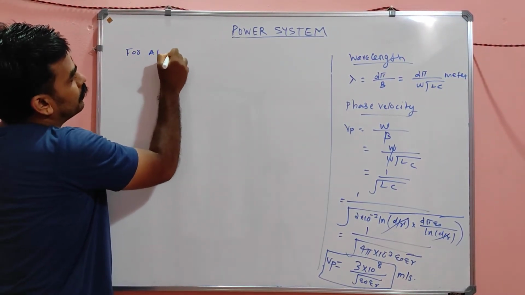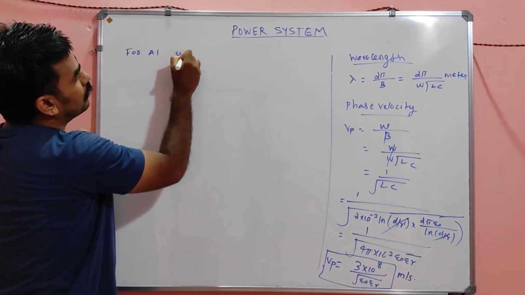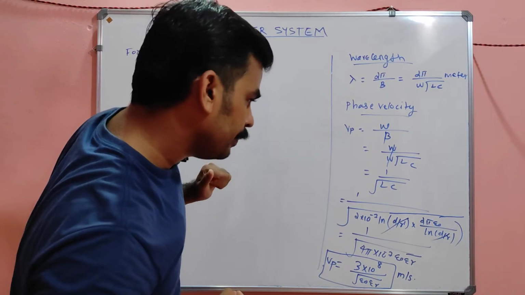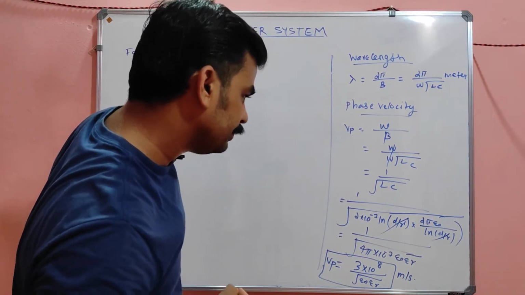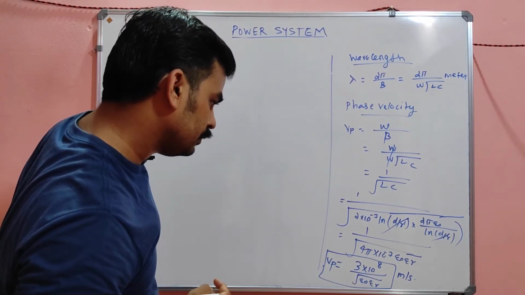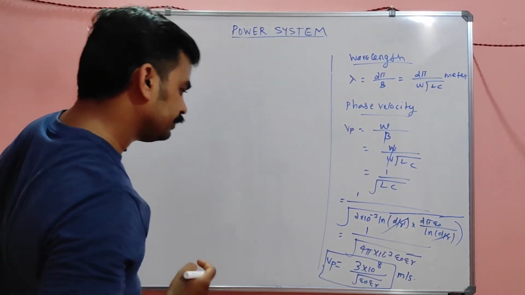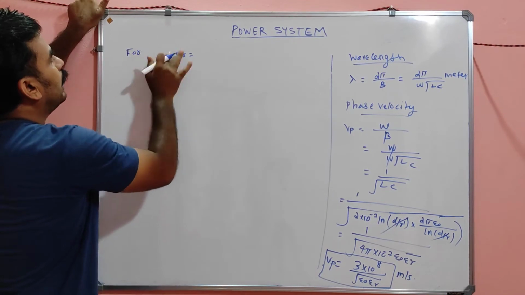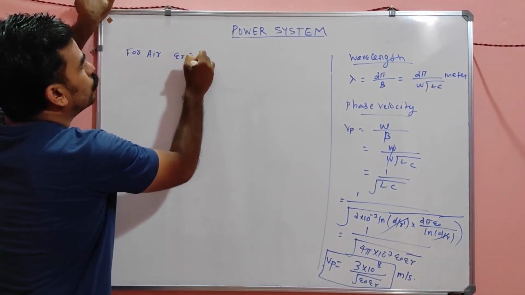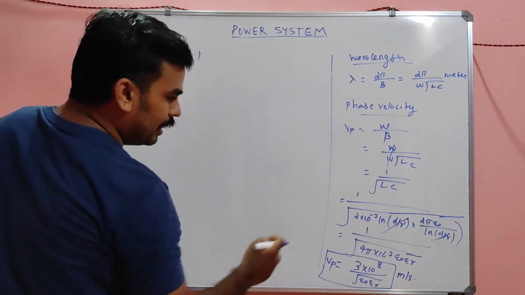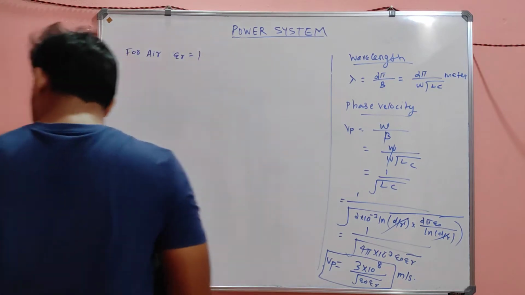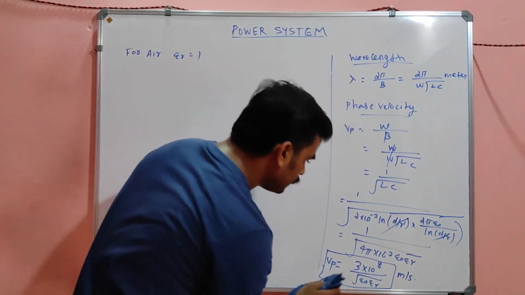For aluminium, mu r is equal to 1. For air, epsilon r will be equal to 1. Just a minute, my dear, a small correction.